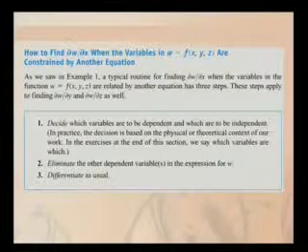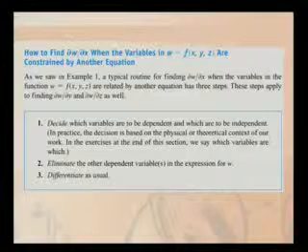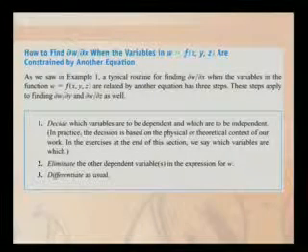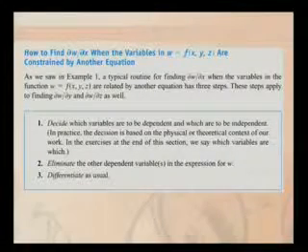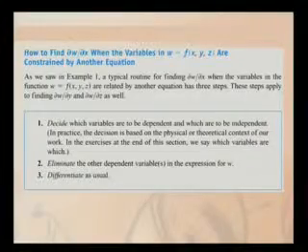First step, decide which variables are to be dependent and which are to be independent. First we need to be clear which are independent variables and which are dependent variables, and then we can move forward to finding the partial derivatives.